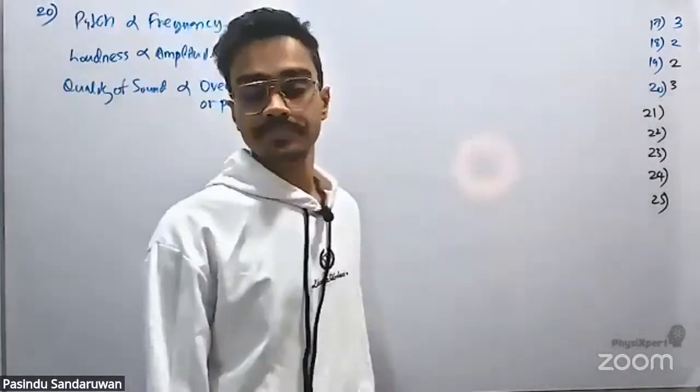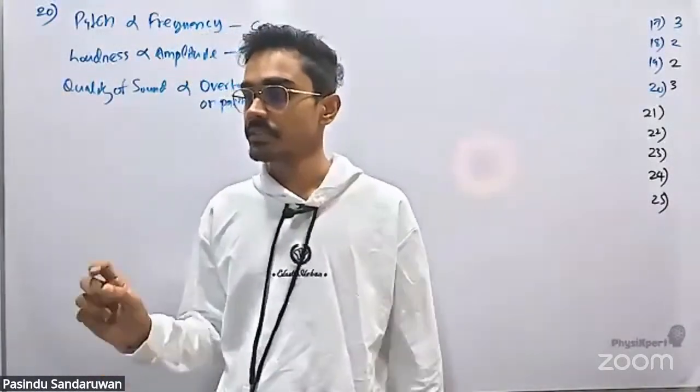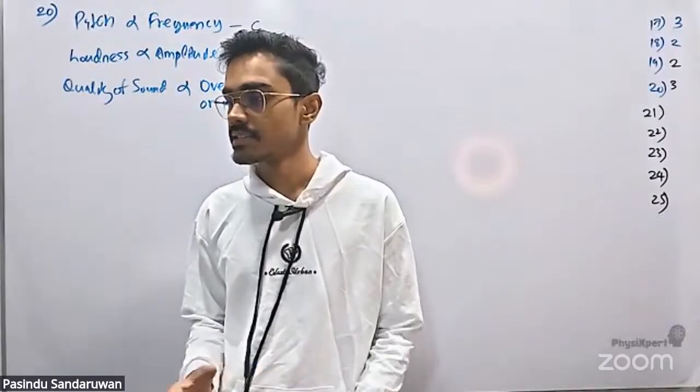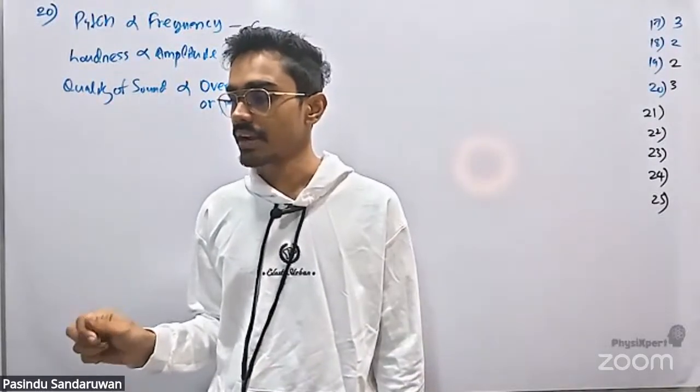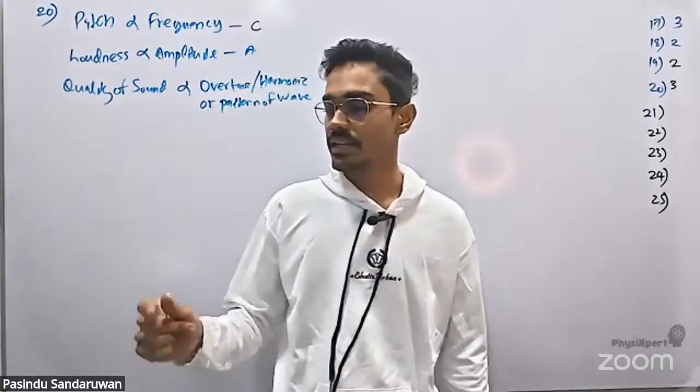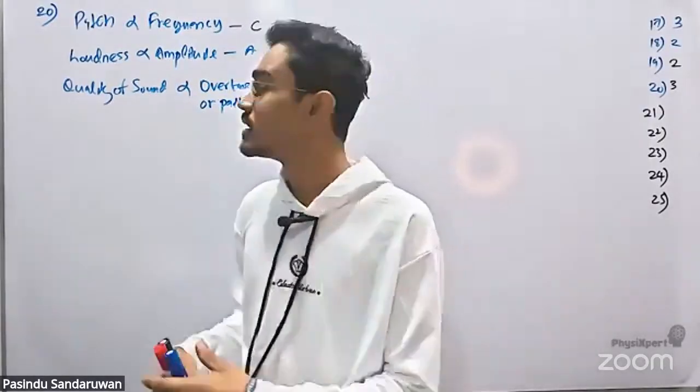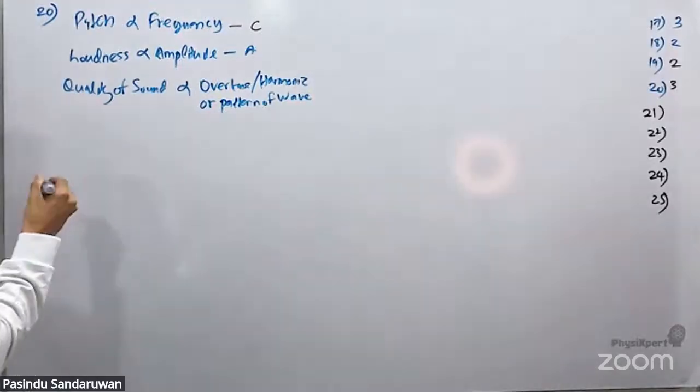Right, 21. A prism with refracting angle 30 degrees and made of a material of refractive index... there's another typo again. Refractive index root 2. Please make this correction, otherwise the question cannot be done.